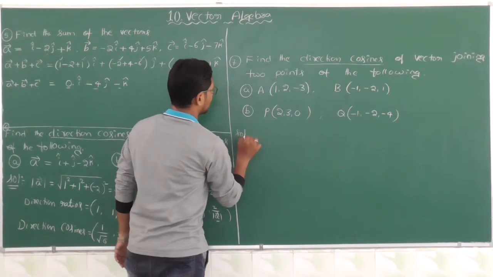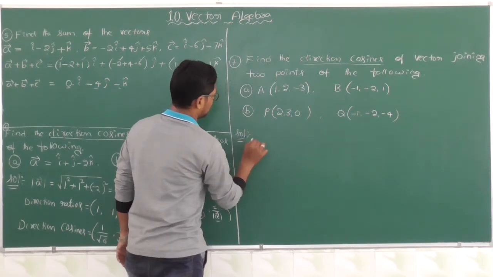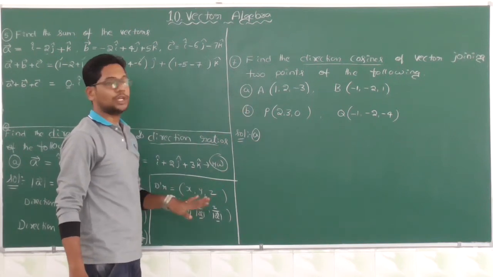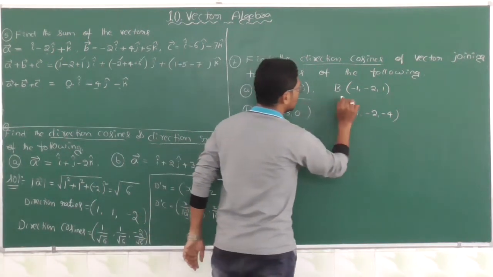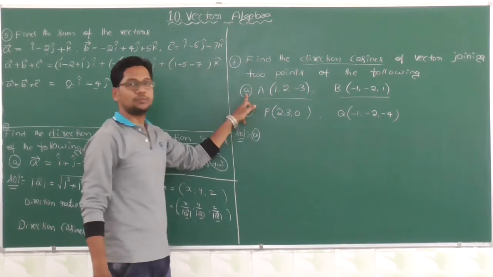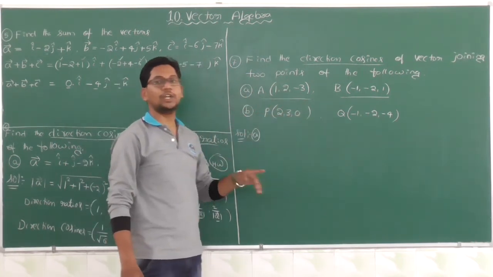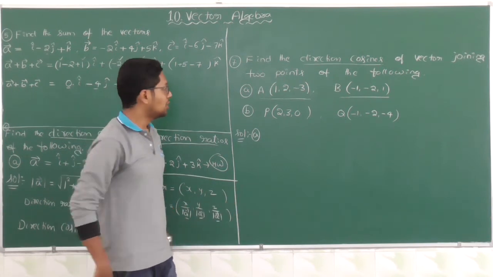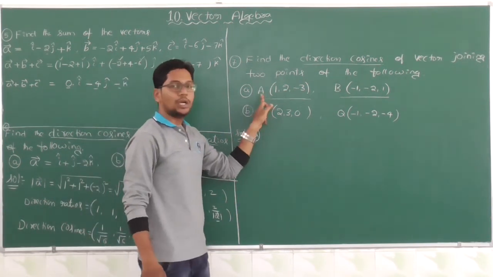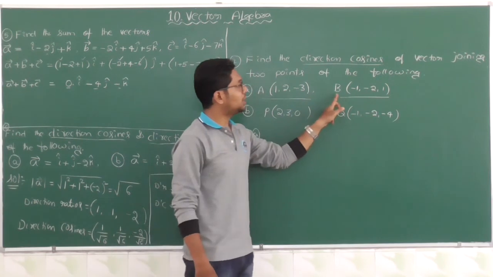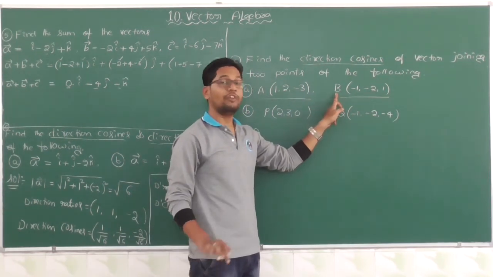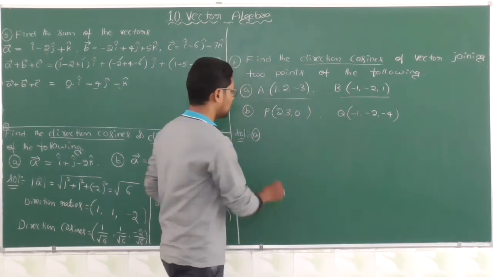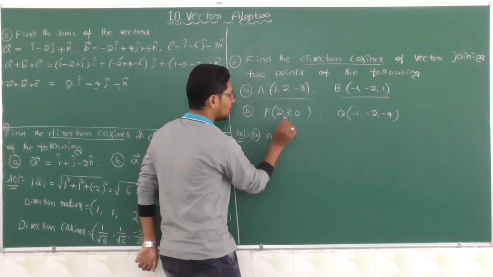Solution for question number A. I am going to find the vector joining the two points, and after that the direction cosines. First, here we have the point A and the point B. First find the AB vector.